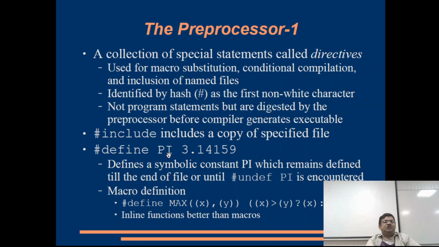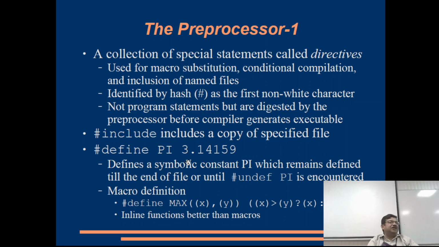Whenever you use pi in the code, the preprocessor will replace all instances of pi with this value. So your code might be written in terms of pi, but the preprocessor will replace all instances of pi with this numeric value, and then it is sent to compilation.